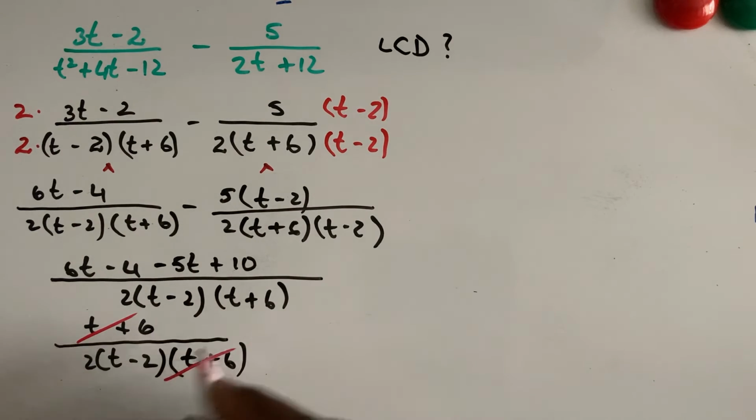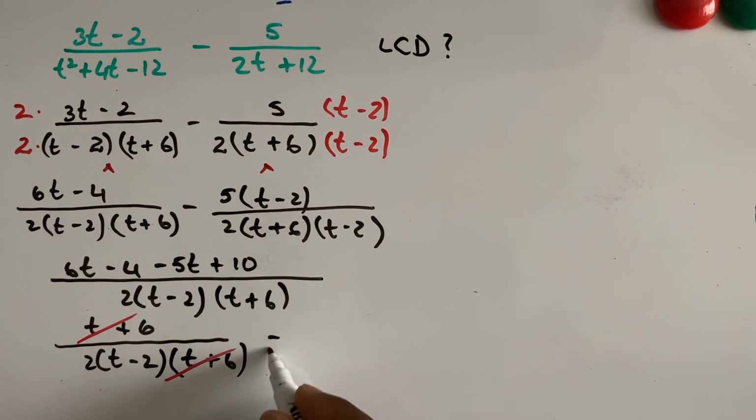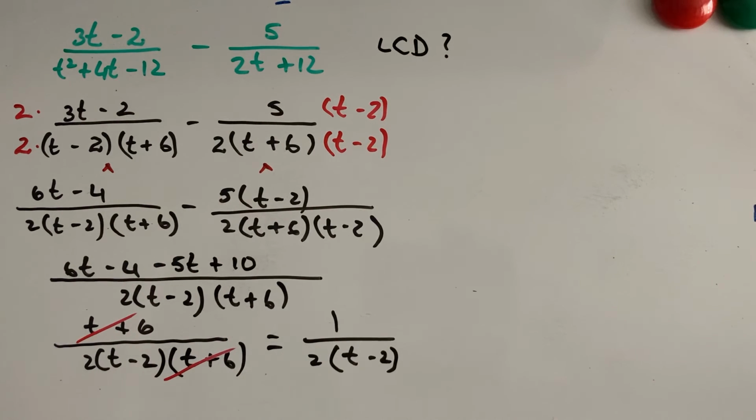You can cancel it. Canceling that on top, a factor of 1 will remain. So 1 over 2 times t minus 2, okay? This is it. This is what you do to add and subtract rational expressions.